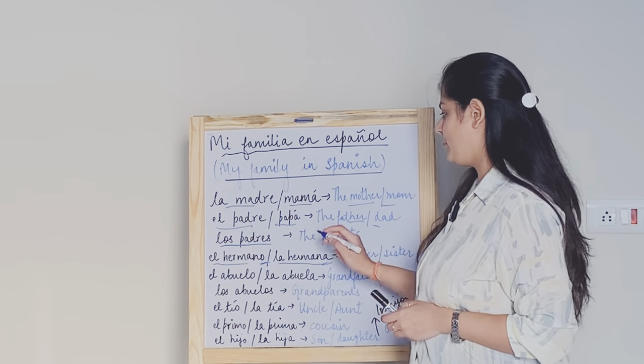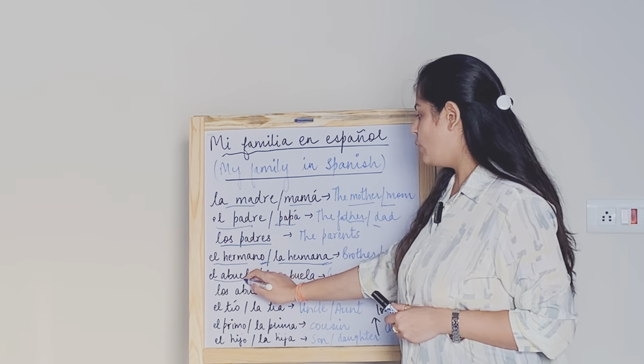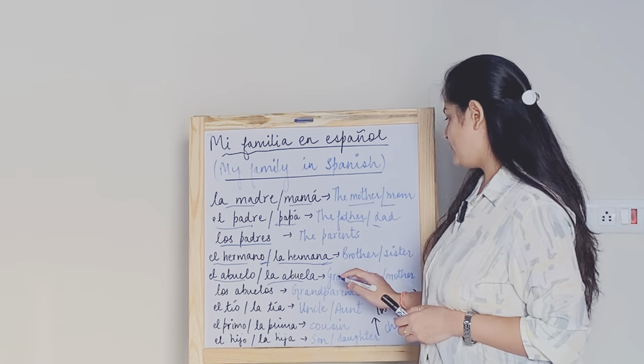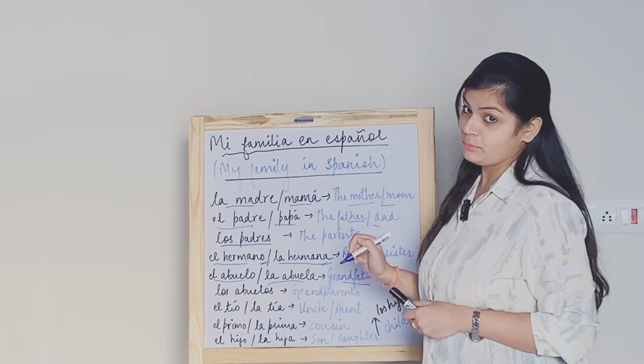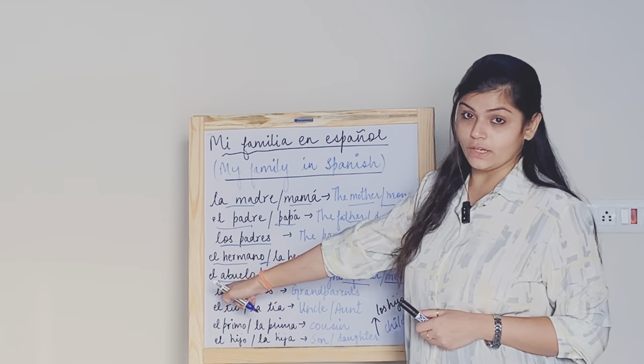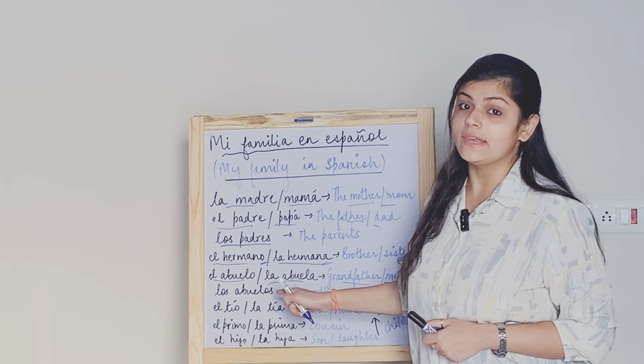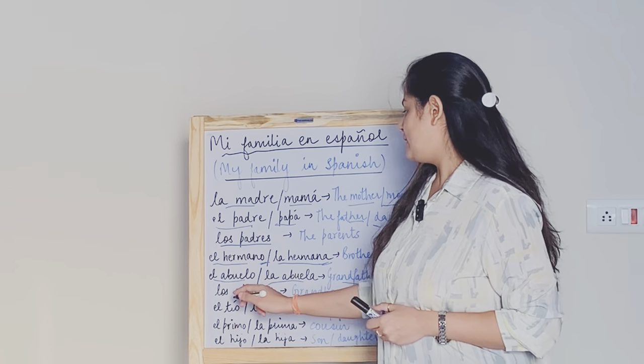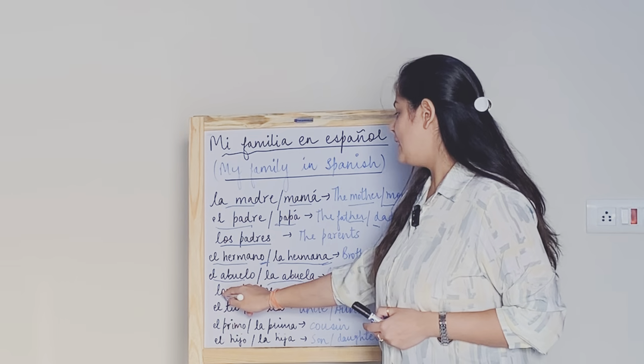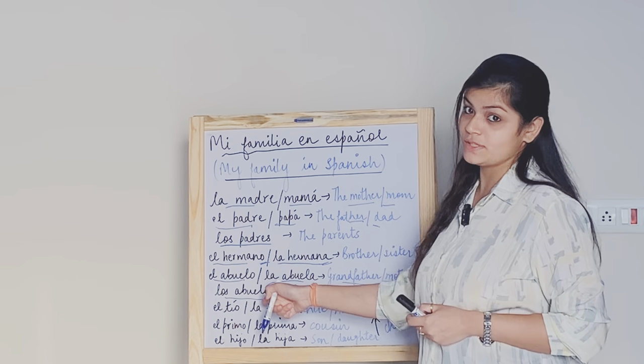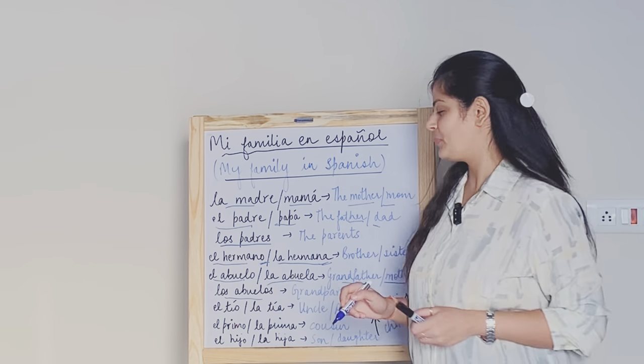O a. Then el abuelo o la abuela for grandfather or grandmother. El abuelo, la abuela. Right? Then again, if we have to say the collective, los abuelos for grandparents.